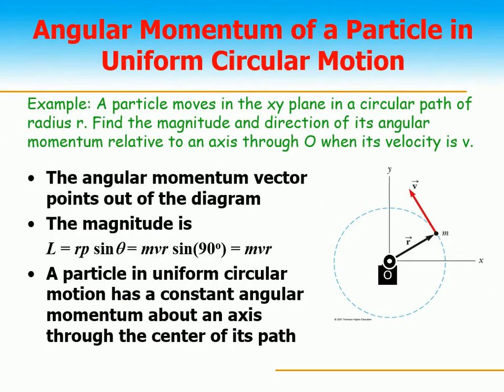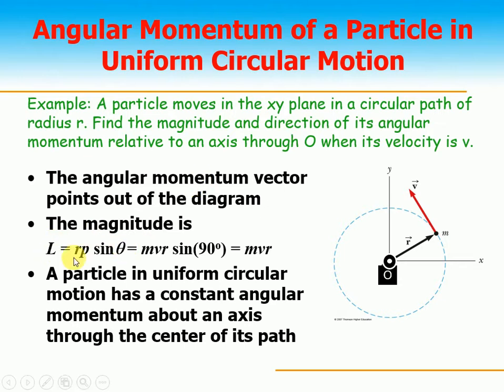Angular momentum of a particle in uniform circular motion. For example, a body m is moving with a constant velocity and having a constant radius. The angular momentum vector points out of the diagram, coming out of this plane, coming out of the computer screen.